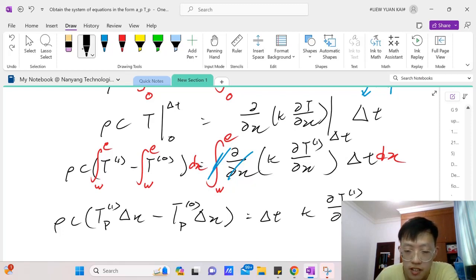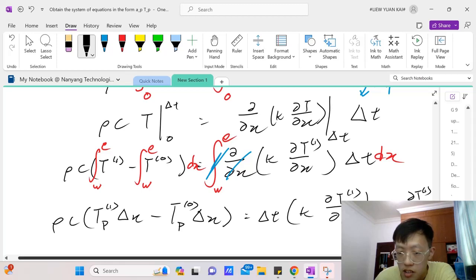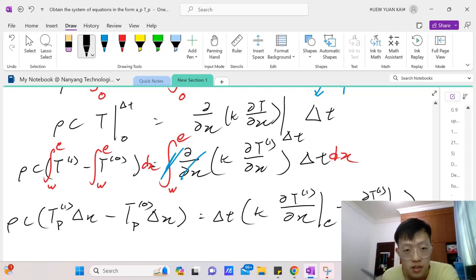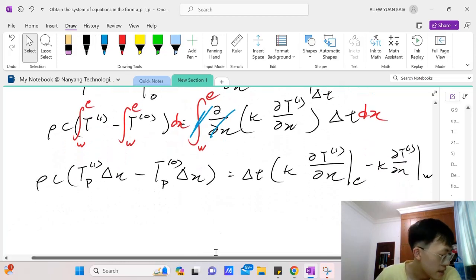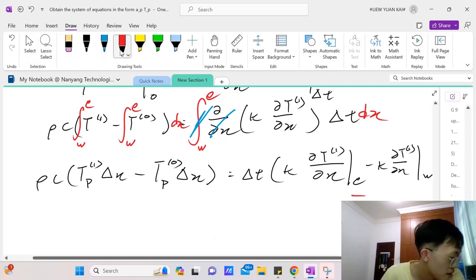So the first integral we need to evaluate is this at east minus this at west. Okay? And from here, we are stuck with all the terms with east and west.